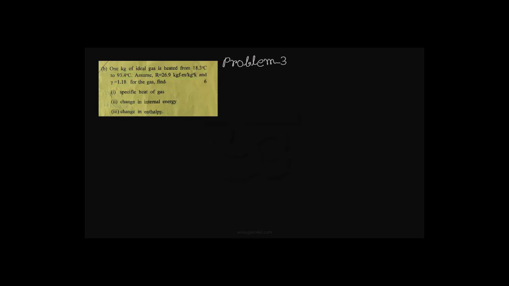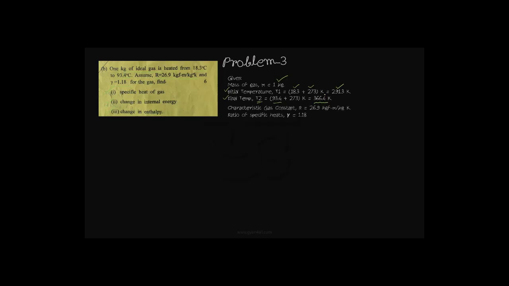We have to find out specific heat, change in internal energy, and change in enthalpy. So the given data are mass of the gas equal to 1 kg, initial temperature T1 equal to 18.3 plus 273, that is 291.3 degree Kelvin, and final temperature T2 is equal to 93.4, that means 366.4 degree Kelvin.